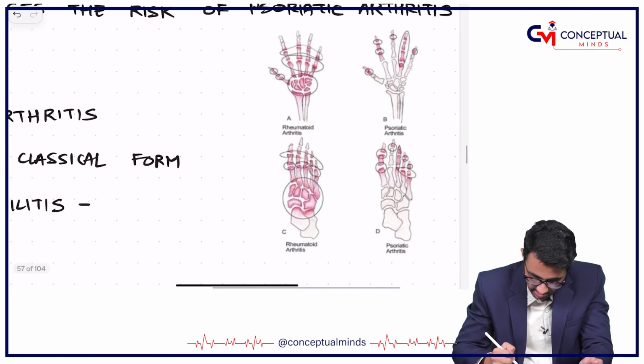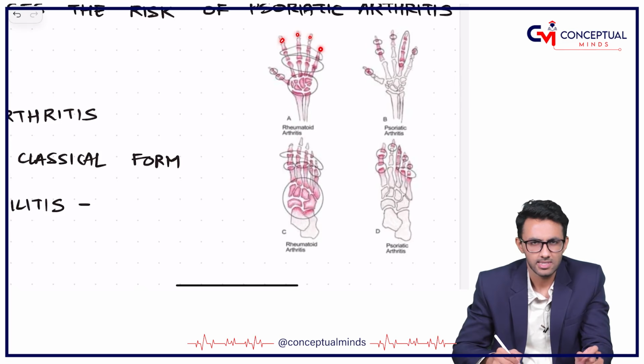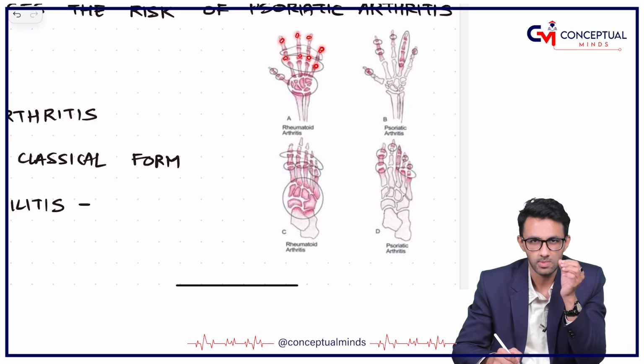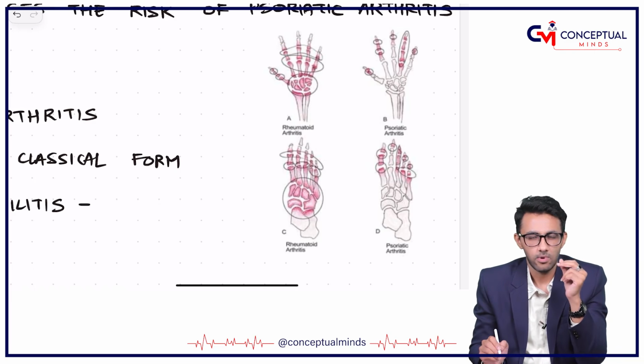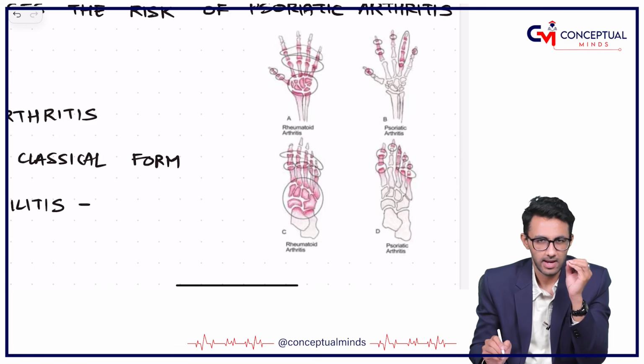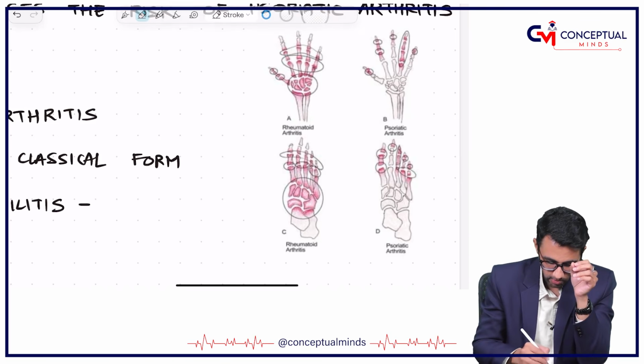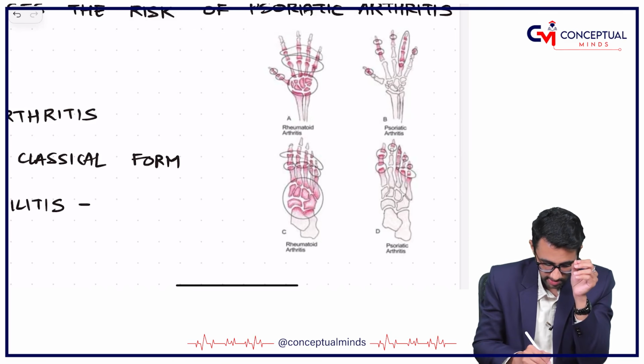Over here you see the distal DIP joints are not involved. Only the proximal ones are involved, the distal ones are not. If you are getting confused about which is distal and which is proximal, go by this trick and you will never forget it.